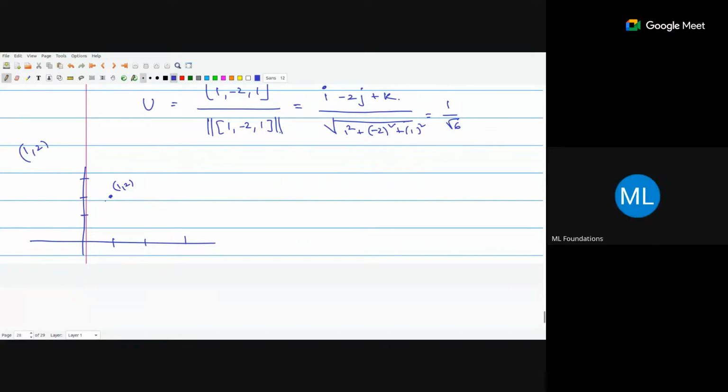But vector 1 comma 2 will start from 0 0 and in the direction of 1 comma 2 there will be a vector till 1 comma 2. So this is vector 1 comma 2. Does it start from the origin always? Yes, from the origin always. Why? That's how we represent vectors, right?